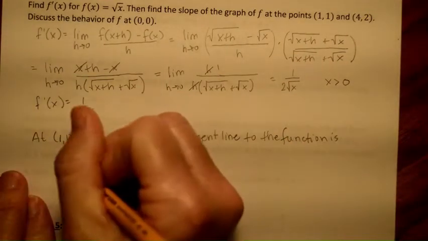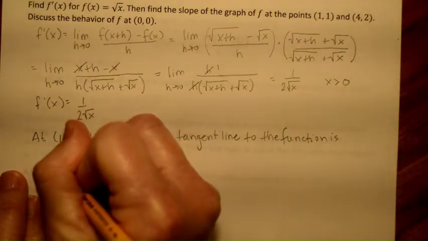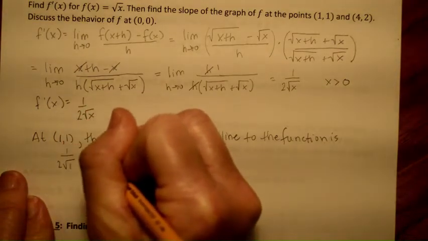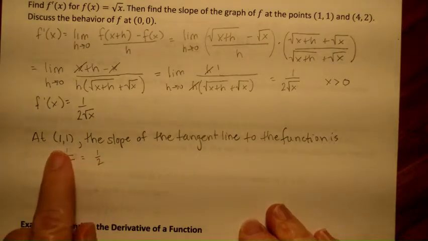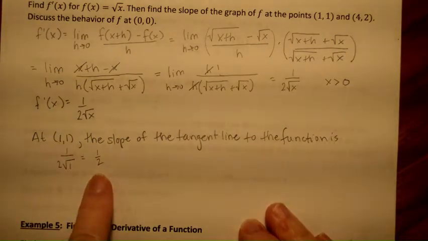We plug it into the function, so we get 1 over 2 times the square root of 1, which is just 1/2. So the slope of the tangent line at that point is 1/2.